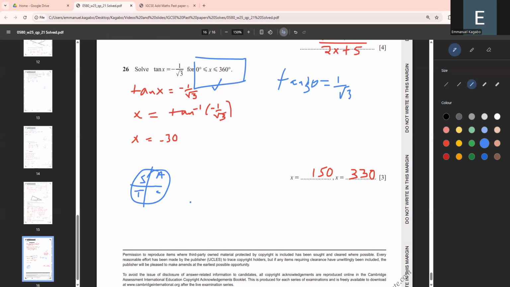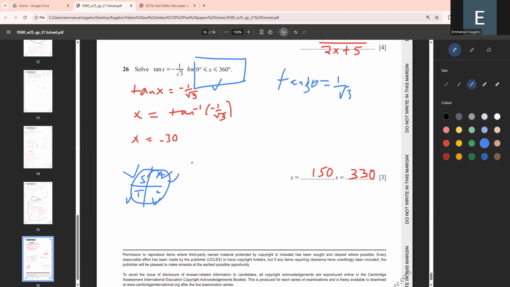Tan is negative in the second quadrant, and tan is negative in the fourth quadrant. This is the first quadrant, this is the second quadrant, this is the third and fourth. Tan is negative here and here. Tan is positive in the first and third, because in the first all of sin, cos, and tan are positive. It's only sin that is positive, it's only tan that is positive, and it's only cos that is positive.